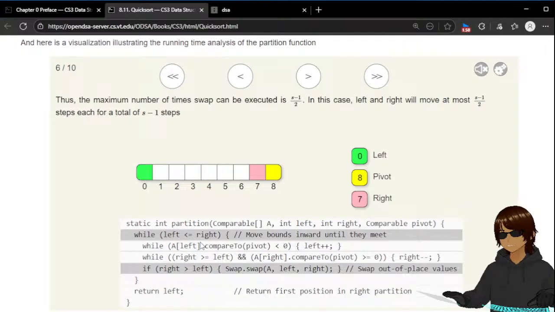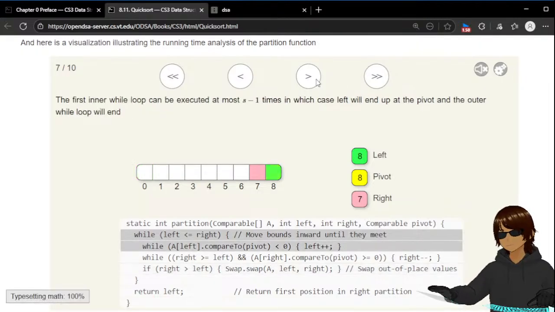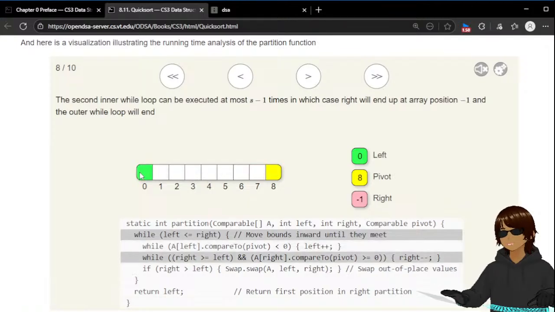While left is less than right. So 1, 2, 3, 4, 5, 6, 7. Maximum number of swaps that can be executed is s minus 1 divided by 2. There'll be s minus 1 counts, right?